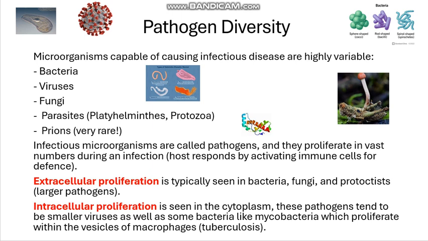Or intracellular proliferation, where the pathogens are replicating within the cells, within the cytoplasm. They tend to be smaller viruses, or they can also be some small bacteria. For example, mycobacteria proliferate within the vesicles of macrophages, which are a type of innate immune cell, and this is the case with tuberculosis.